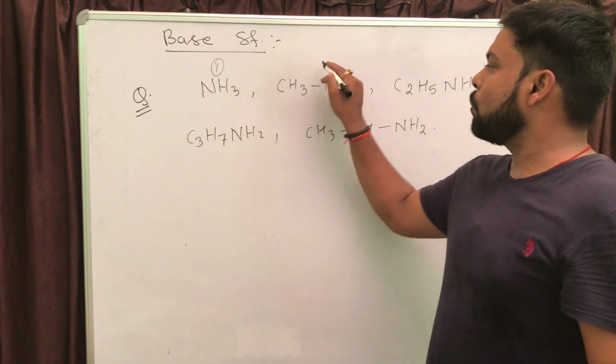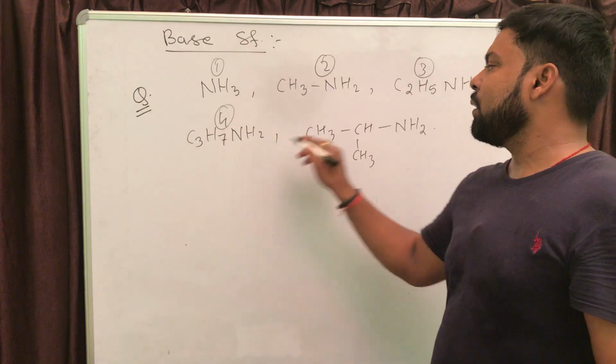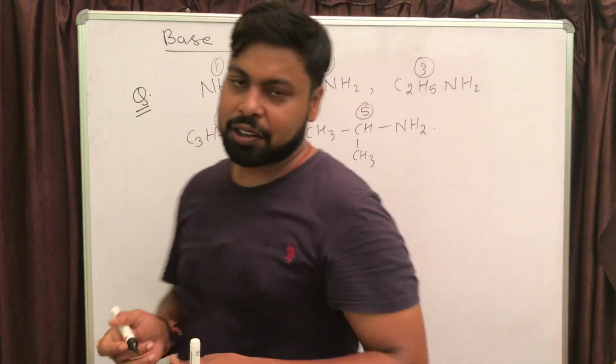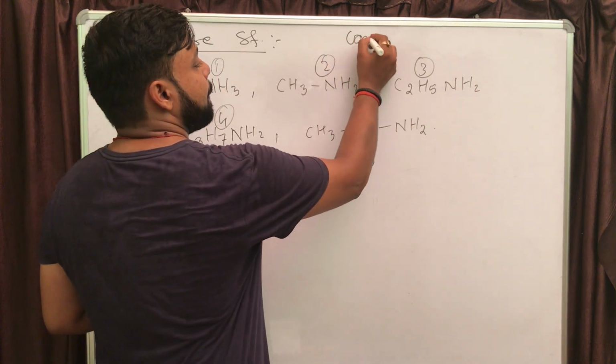Total 1, 2, 3, 4, 5 species are given, and it is asked to compare the base strength, right?